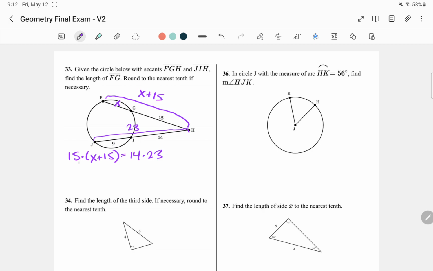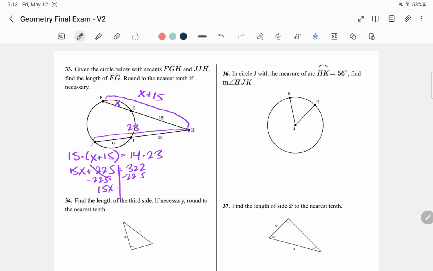Now I'm going to distribute. 15 times x is 15x. 15 times 15 is 225. 14 times 23 is 322. Now we just have a two-step equation from here. Subtract 225 from both sides.